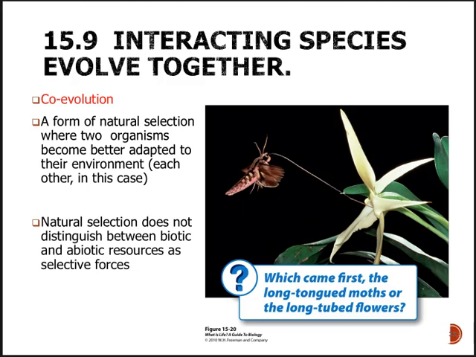So what happens is this idea of coevolution. The two organisms are forcing each other to evolve longer and longer proboscis or tongue and nectar tube. So that's what coevolution is. And that kind of thing happens anytime you have two organisms interacting with each other really closely. You get this coevolution thing.